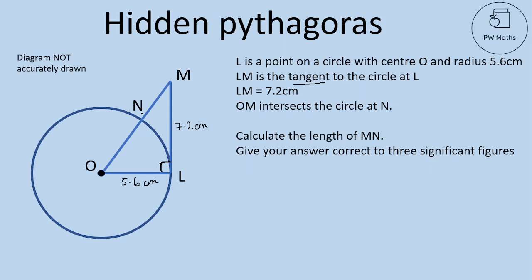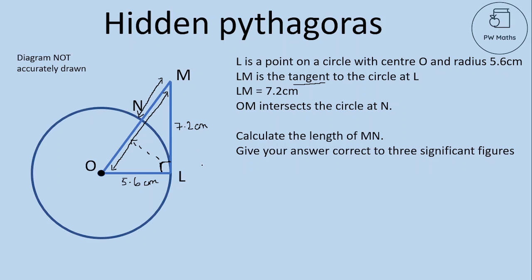So actually we're not being asked to calculate the side length of this triangle, but just this portion here. Now, with the information that I've got, I'm not going to be able to do that just yet, but what I can do, because this is a right angle triangle, is use Pythagoras to calculate the length of this hypotenuse, and it is a hypotenuse because this is opposite the right angle here.